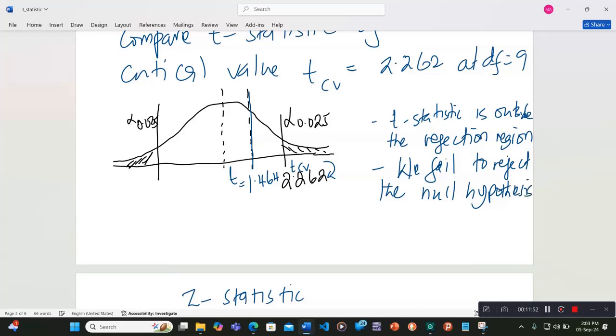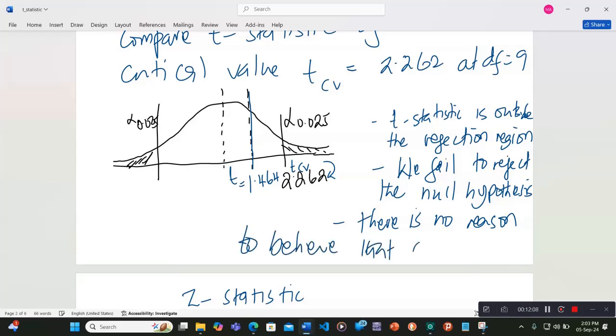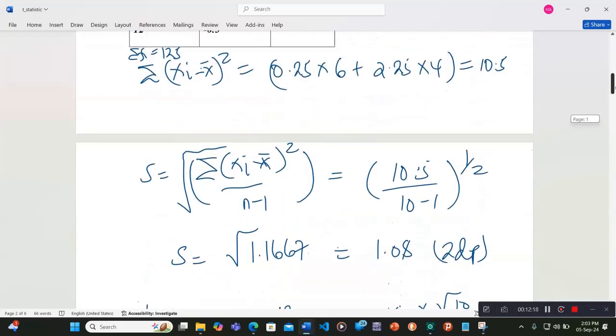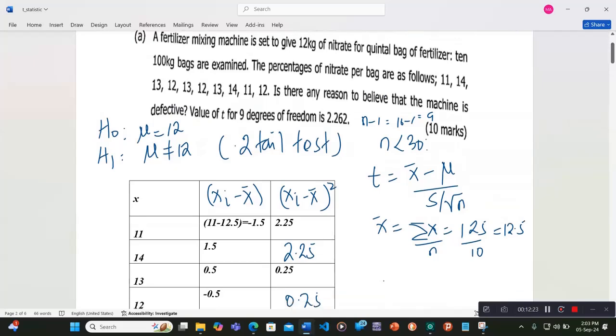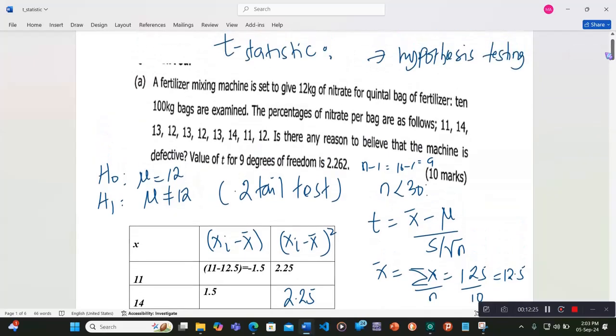So if we fail to reject the null hypothesis, there is no reason to believe that the machine is defective, because the mean that we hypothesized, which is 12, is the same mean that the machine was set to give.